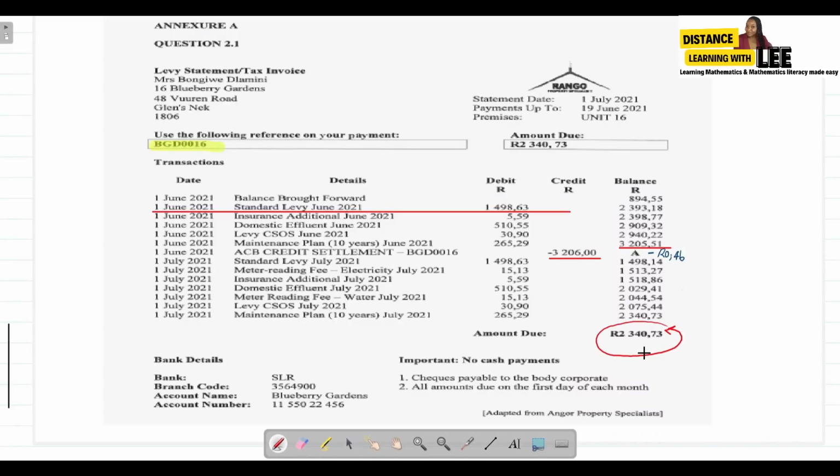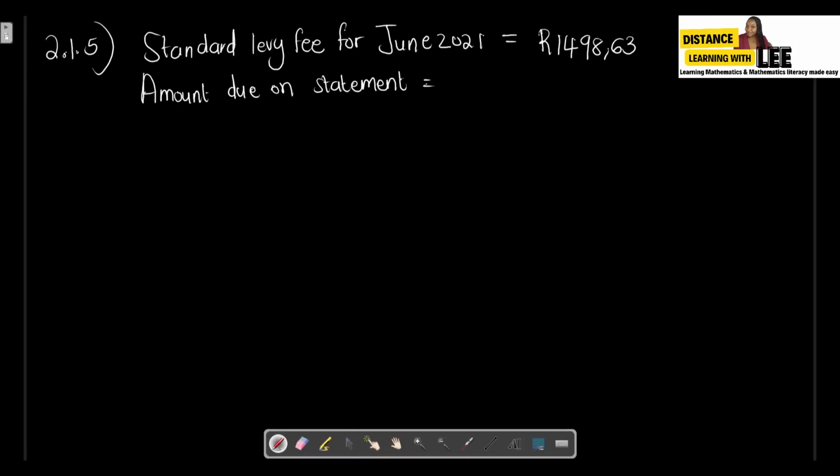The amount that is due on the statement is 2,340.73 cents, right? So we're gonna write that down. So this question asks us to basically get the percentage of the standard levy fee.